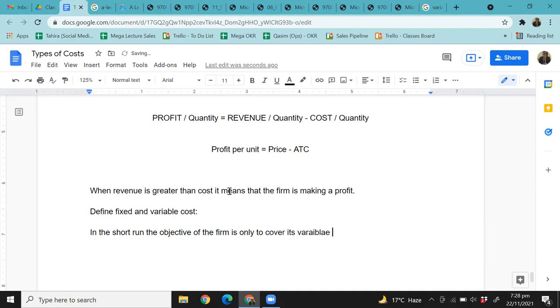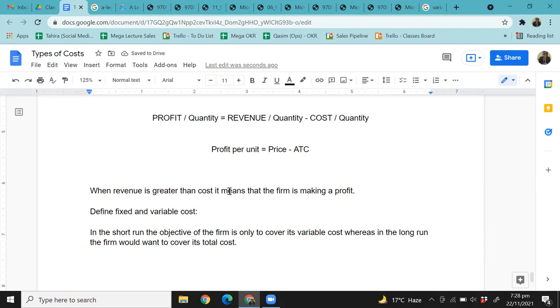I repeat this, right? Whereas in the long run, the firm has to cover its total cost. Okay, have a look at this.